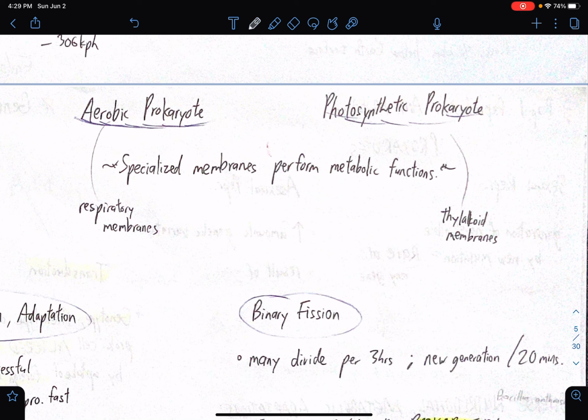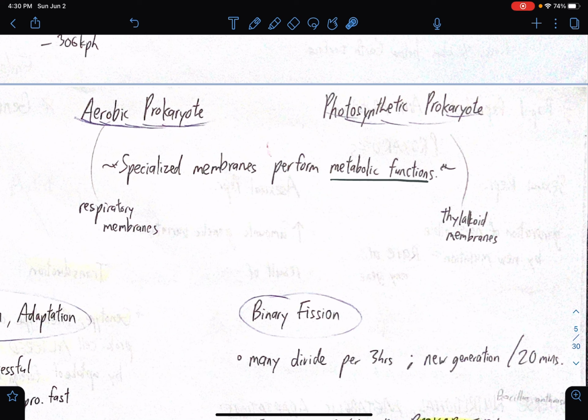Speaking of metabolic functions, particularly for bacteria in general, it is recognized that bacteria lack organelles such as the nucleus and other organelles that are responsible for performing metabolic functions. The mitochondria is one of them. So those things, the Golgi apparatus, lysosomes, bacteria lack them.